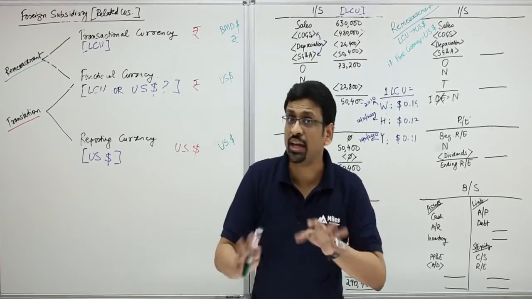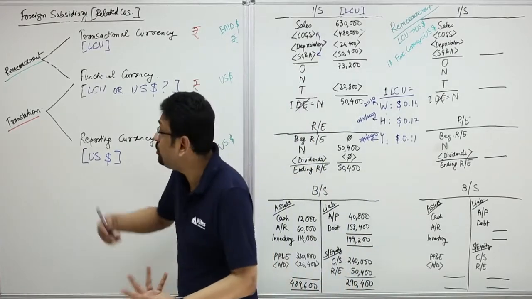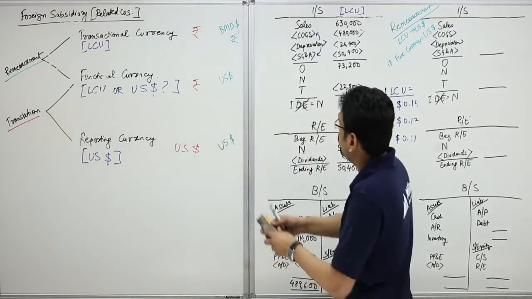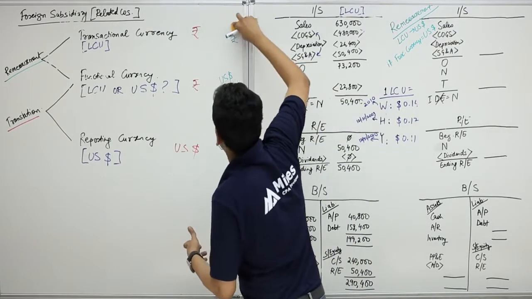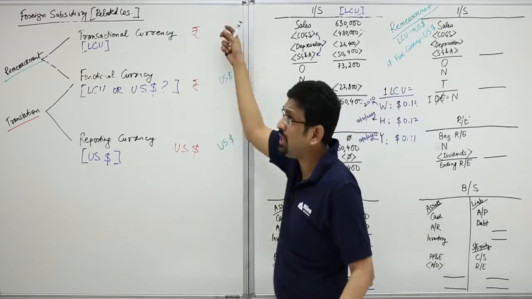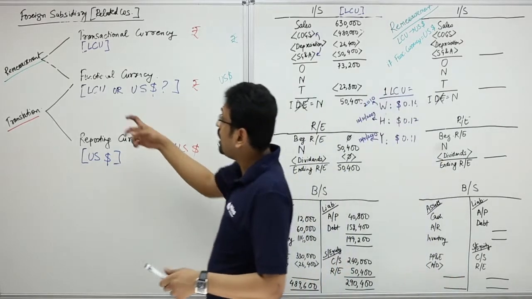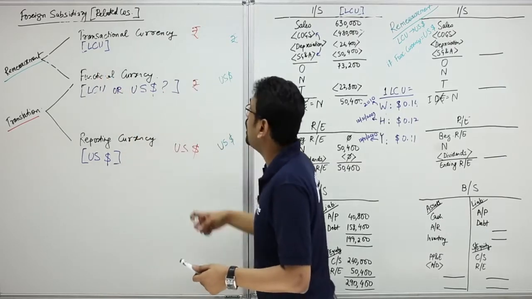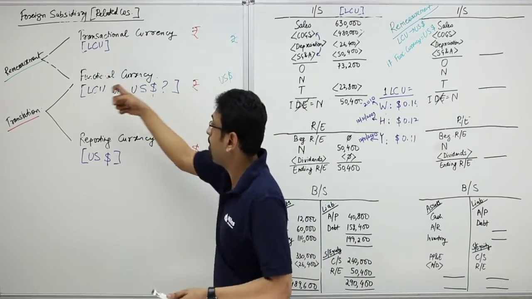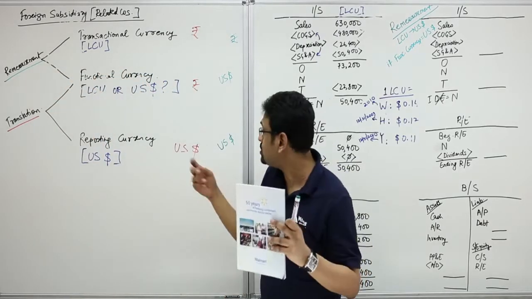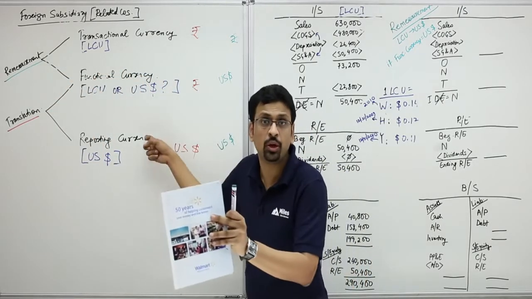I'm sure you've gotten very comfortable with when to do remeasurement versus when to do translation. So let me knock this Bermudan dollars off. So I just have the Indian rupee and the US dollars. If the functional currency is the local currency unit, then we need to translate to get to US dollars, the reporting currency.